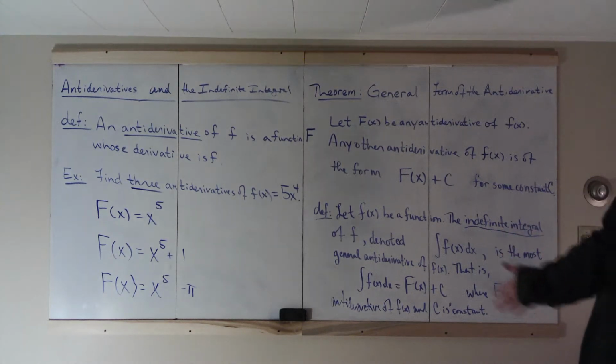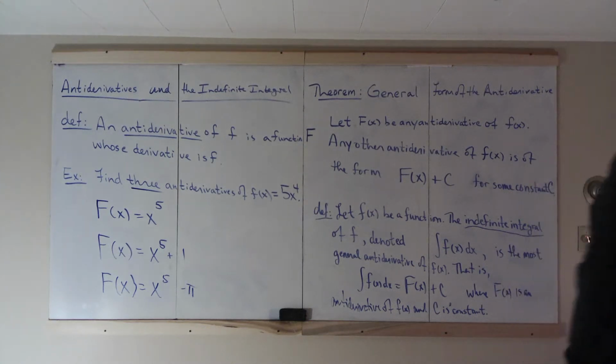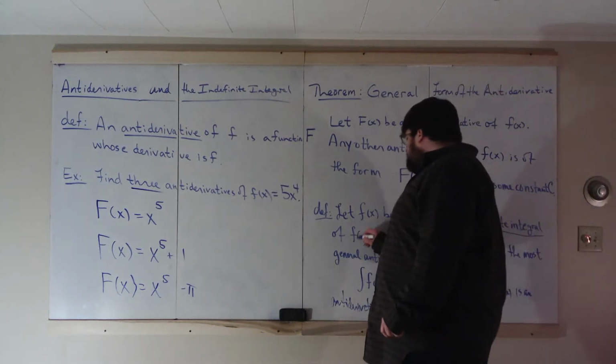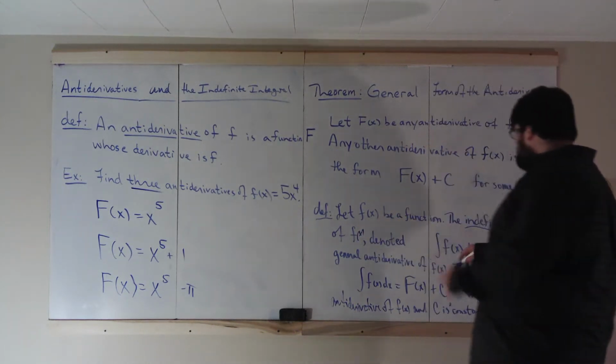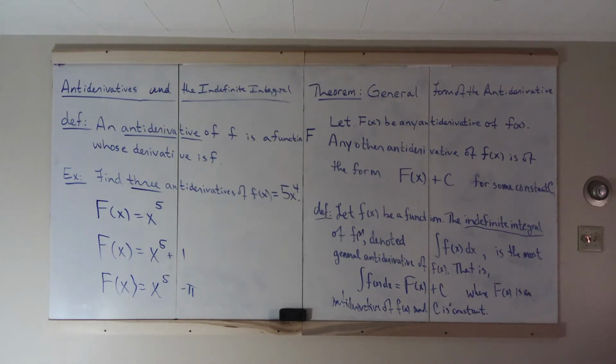So we're going to call this a definition. The notation for this definition may not seem clear now, but by the beginning of next week it will. Definition: let f be a function. The indefinite integral of f, I-N-D-E-F-I-N-I-T-E, integral, I-N-T-E-G-R-A-L, of f of x, denoted by this tall squiggly thing, f of x, lowercase dx, gee, where have we seen dx before, is the most general antiderivative.